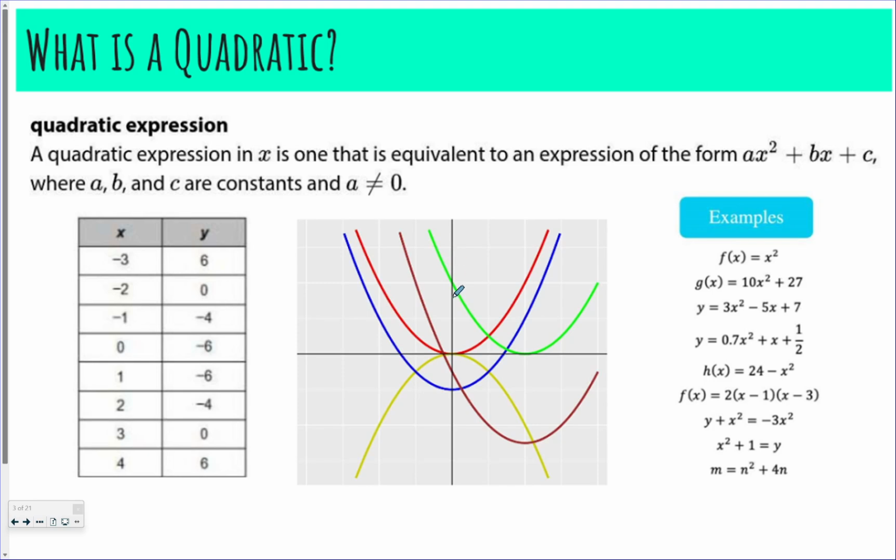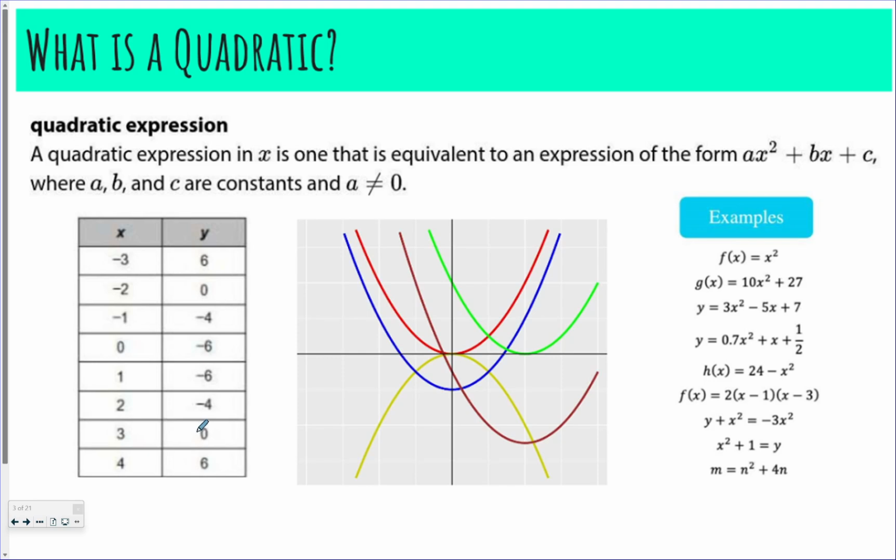But if we look at these equations, this table, these different red graphs here, and all of these examples, these are all considered quadratics because no matter what they look like, we can convert them into an equation of this form. Now, it may not be evident what the equation for this one is.